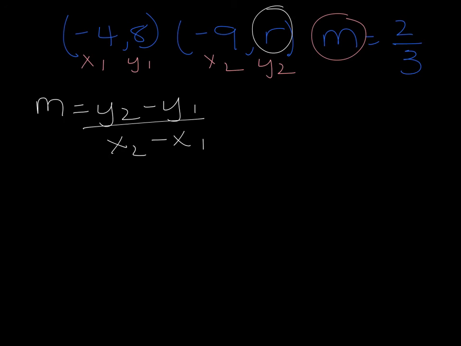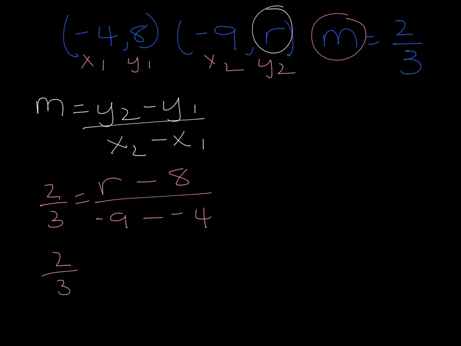So I'm going to plug everything in. So slope is 2/3. Y sub 2 is r, minus y sub 1 is 8, over x sub 2 is negative 9, minus x sub 1 is negative 4. So now I have 2/3 equals r minus 8 over negative 5.